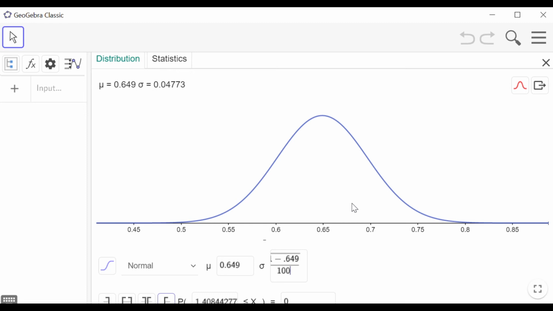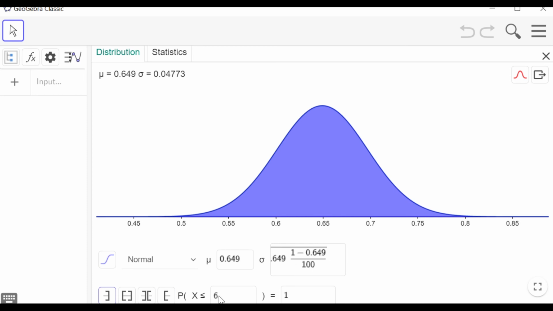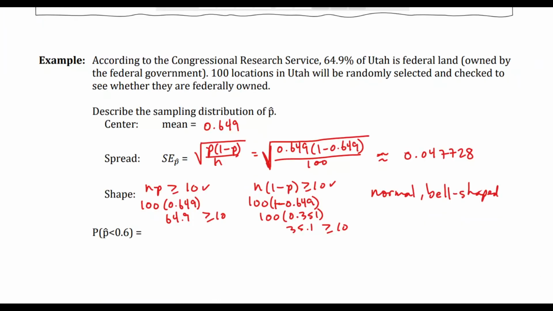So that gives us our standard deviation right away. Then to find the probability that p hat is less than 0.6, we'll go to the less than, we'll put in 0.6, and we have our probability, 0.15229.